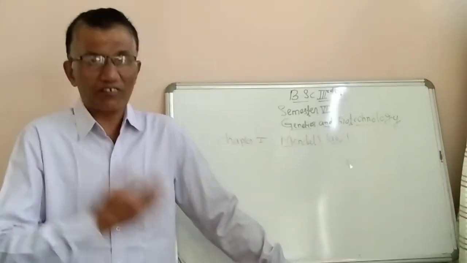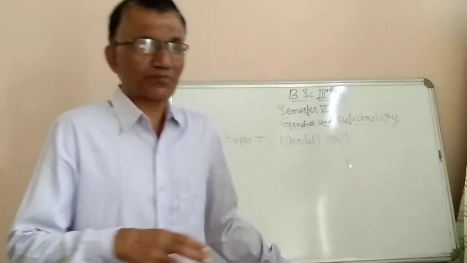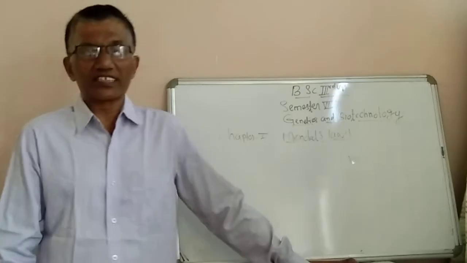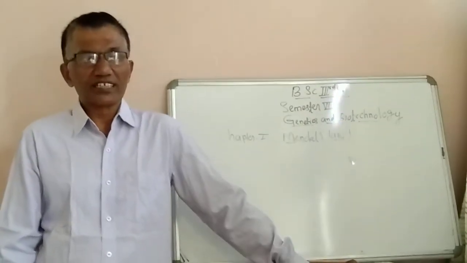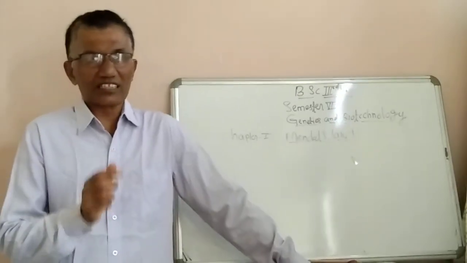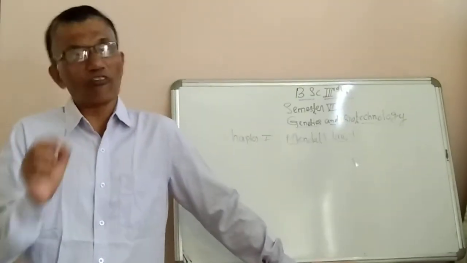With the help of these 7 pairs of contrasting characters, after performing experimental work on pea plants, he came to the conclusion that certain traits or characters are controlled by factors.